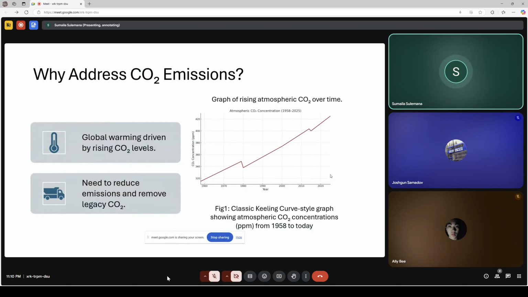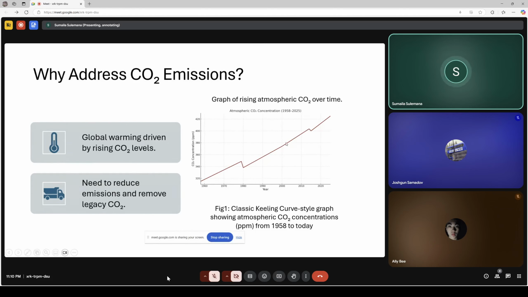So I was on this particular slide, saying why there is a need to address CO2 emissions. You can see from the graph on the right, in the Keeling curve style, that there has constantly been an increase of CO2 levels across the past years.